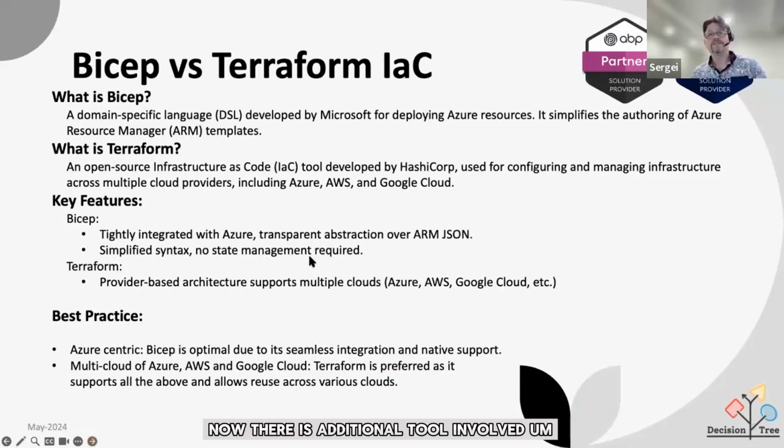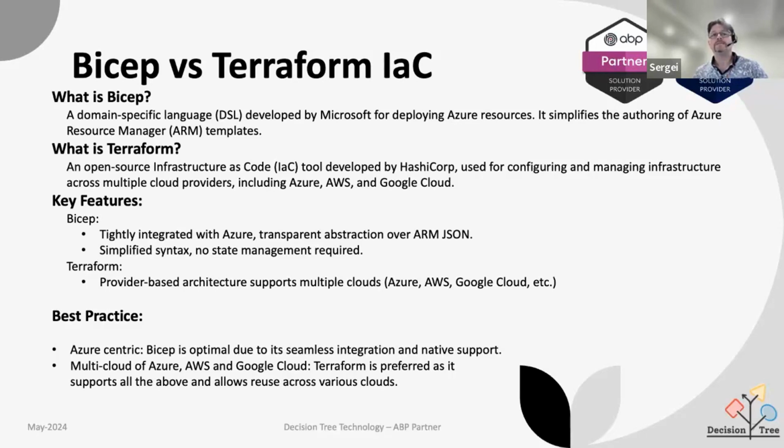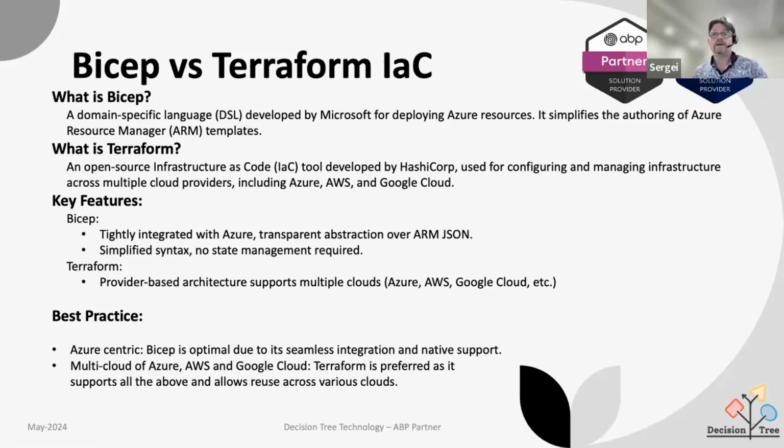Now, there is additional tool involved for automation of typical cloud deployments, and we have some options here. Basically each cloud vendor comes with its own infrastructure as a code tool.